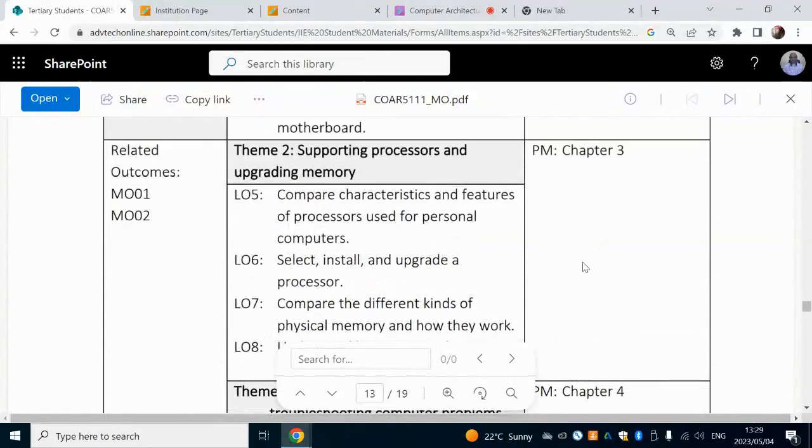In chapter 3 on processors, what are we talking about? Compare characteristics and features of processors used for personal computers. So what are some of the features? Does it support multitasking, multiple cores? Does it support virtualization? Virtualization you'll do in the second semester when we are learning about network architecture. We're going to be using virtual computers, Azure Virtual Labs.